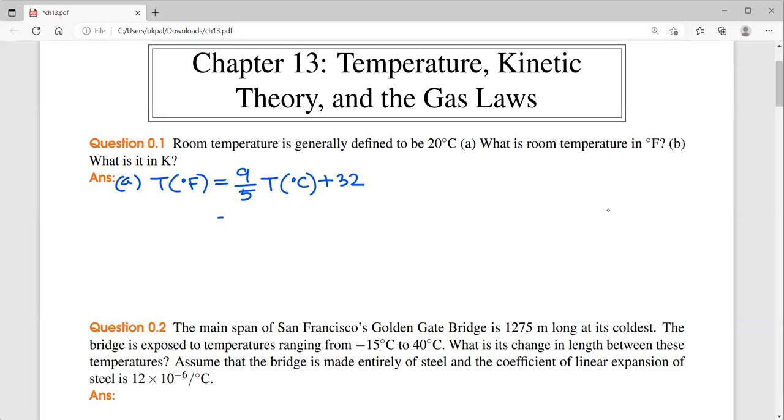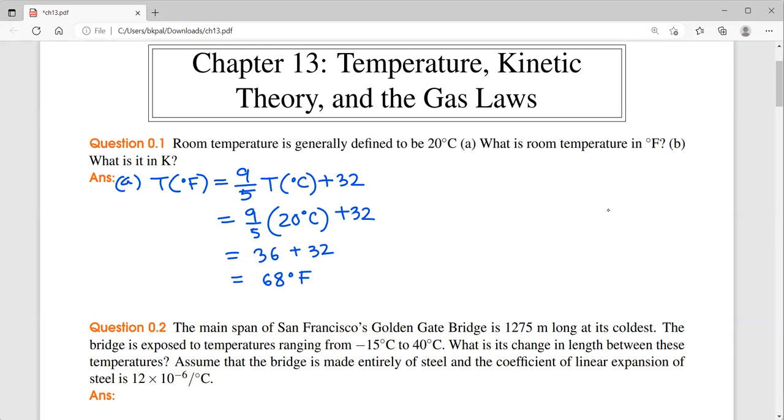So 9/5 times 20 degrees Celsius plus 32. The first term is 36, plus 32, so it's basically 68. So 68 degree Fahrenheit.